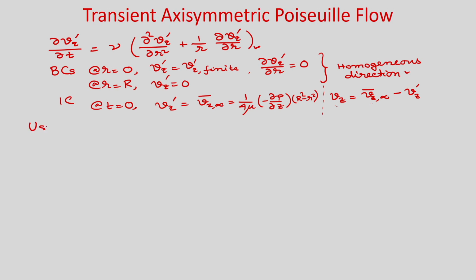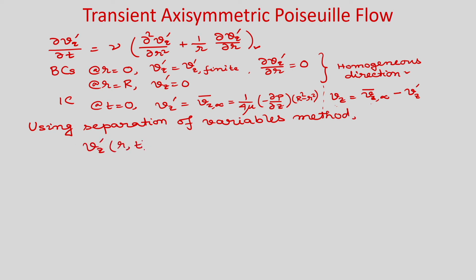So, using the separation of variables method, we will find the solution Vz prime, which is a function of r and t, as a product of two solutions, one is R which is a function of r, and another solution tau which is a function of t only.